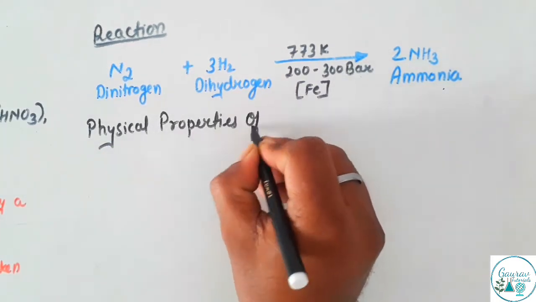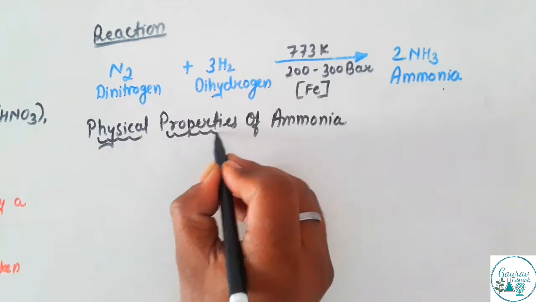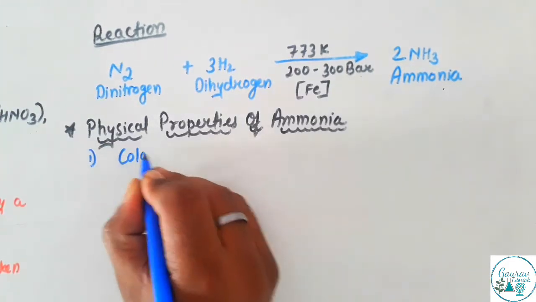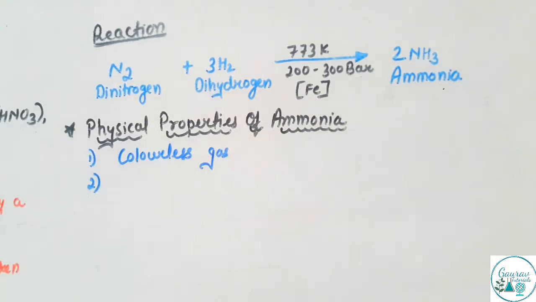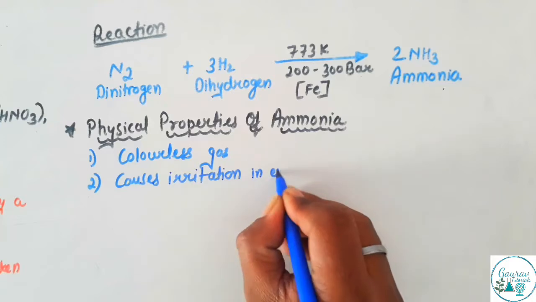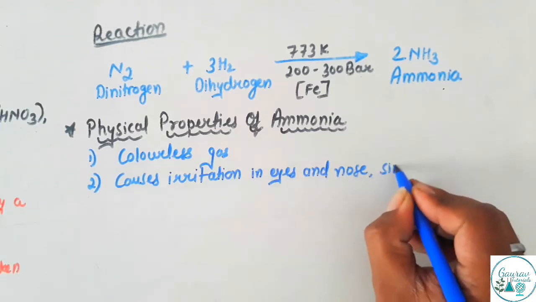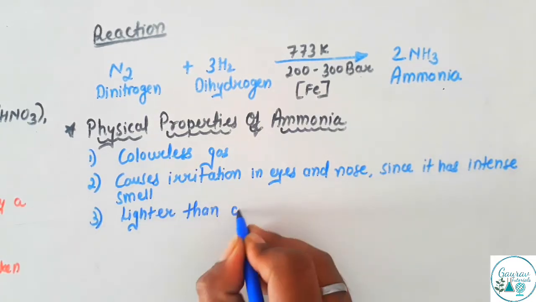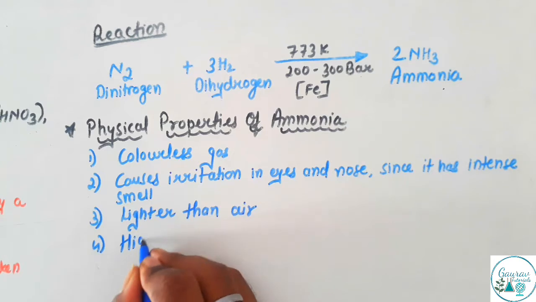Now let us get into the physical properties of ammonia. The first property is that ammonia is a colorless gas. Second, it would cause irritation in the eyes and nose since ammonia has a very intense smell. The third property is that it is lighter than air, therefore it would remain on top.